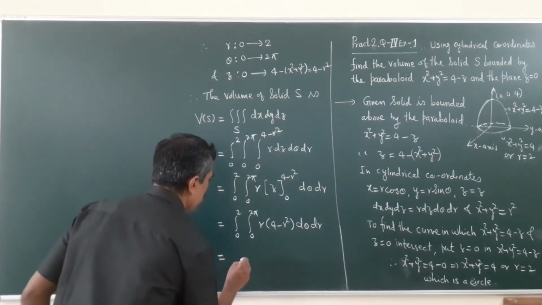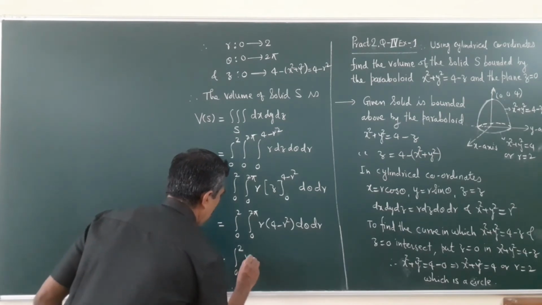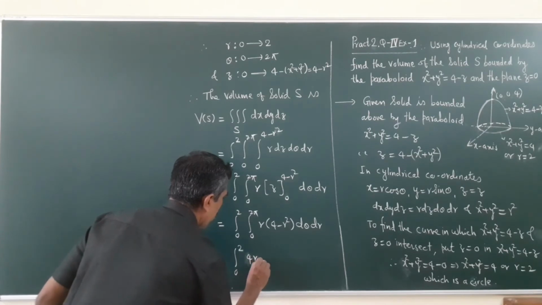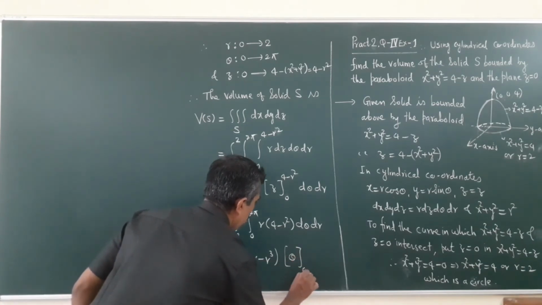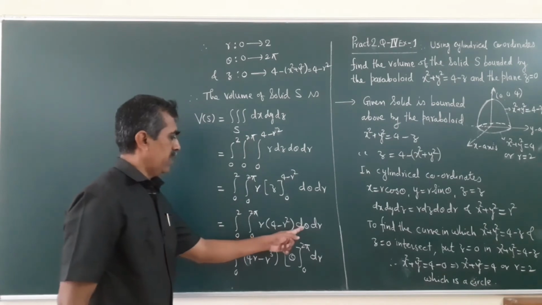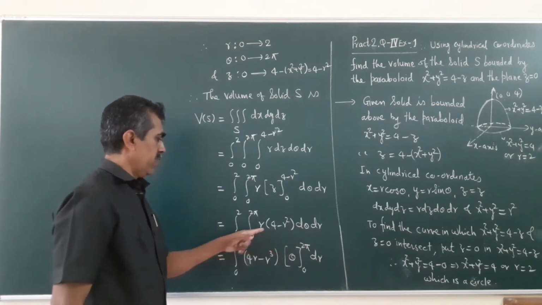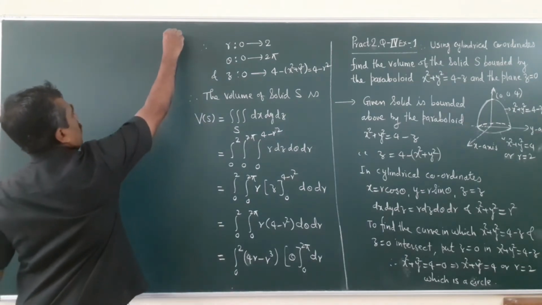So this is equal to integral 0 to 2, multiplying by r, 4r minus r cube into theta over 0 to 2 pi, dr. The integral of d theta is a constant, so I will take it outside.